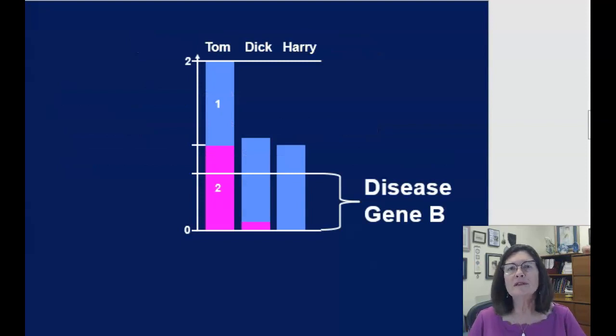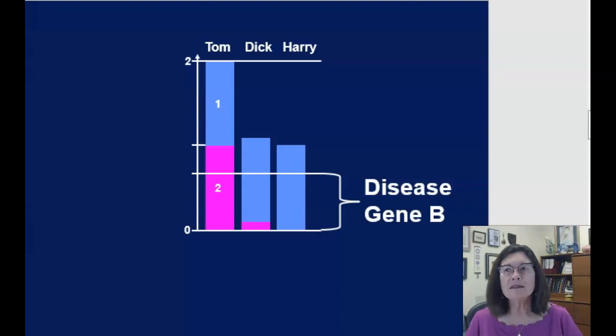And here's another case, same disease gene B, but maybe I should have given them different names, because in this case, Dick and Harry have 2 different instances. So Dick has both copies of the gene. Unfortunately, one of them, the pink one, copy number 2, has a mutation, and it hardly makes any protein at all.